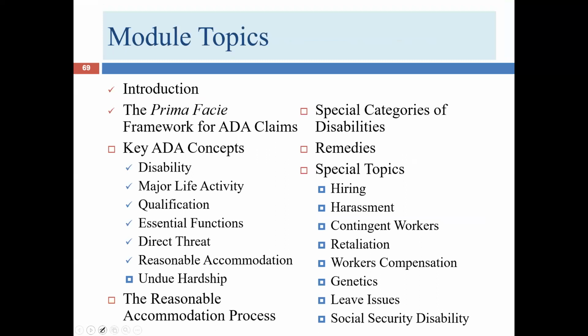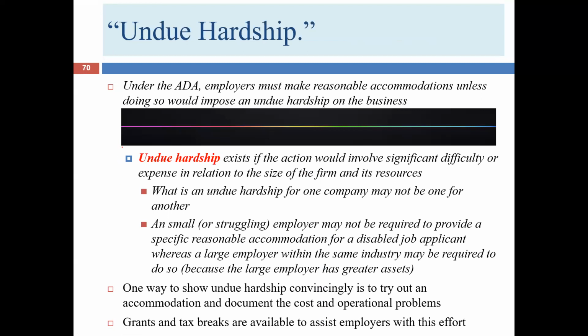Okay, let's consider undue hardship, our last topic for this lecture. And here's our definition. An undue hardship exists, so again, this is good for Quizlet, if the action would involve significant difficulty or expense in relation to the size of the firm and its resources. So again, here's the standard.